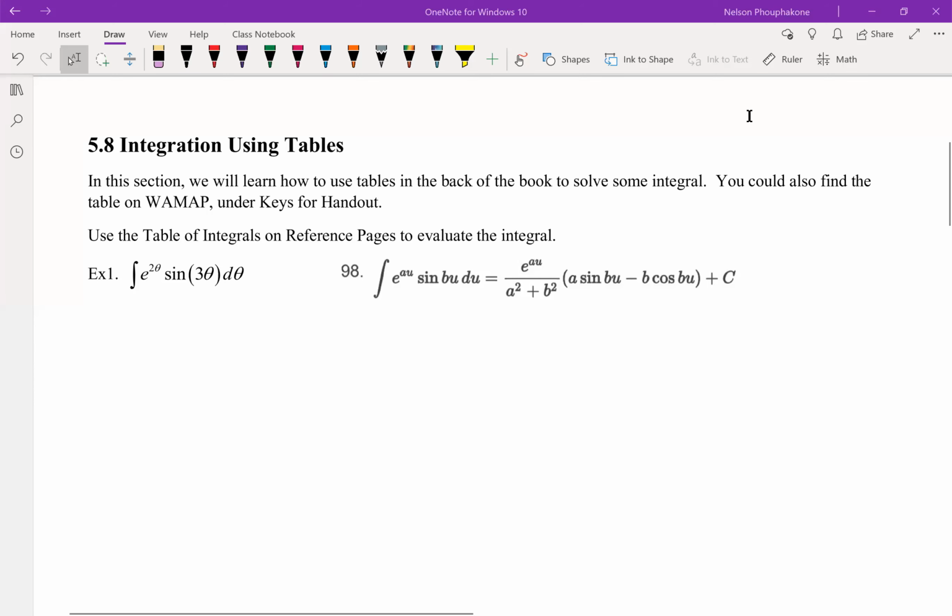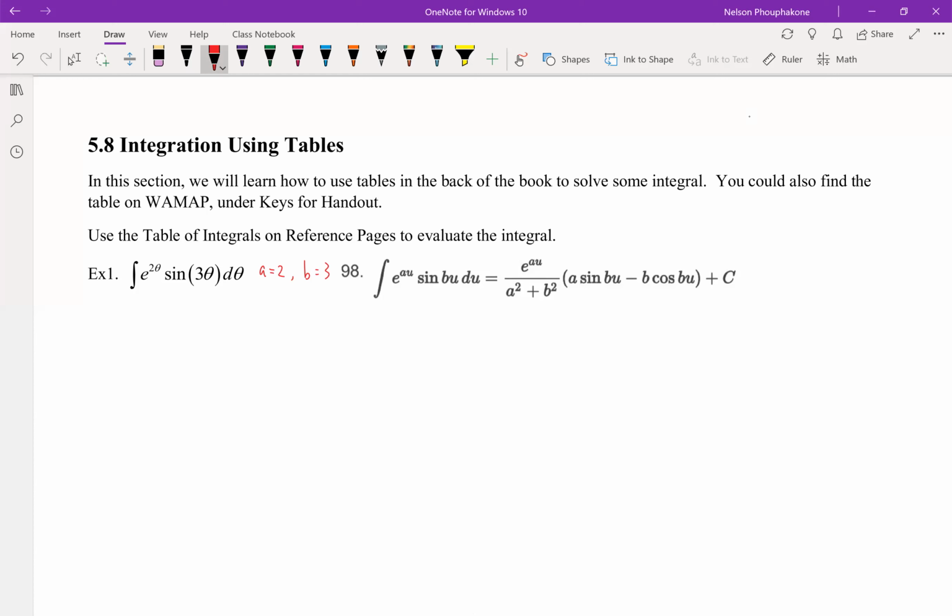You could check that compared to 98, A is equal to 2, and B is equal to 3, right? What you need to do is just plug it in.